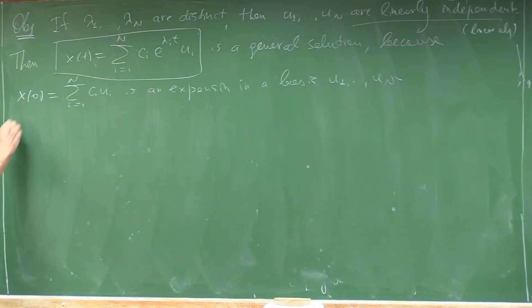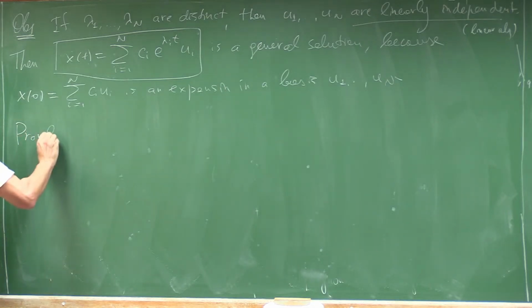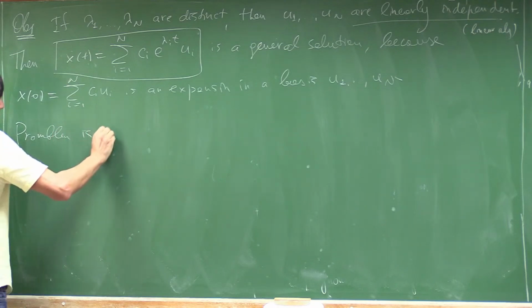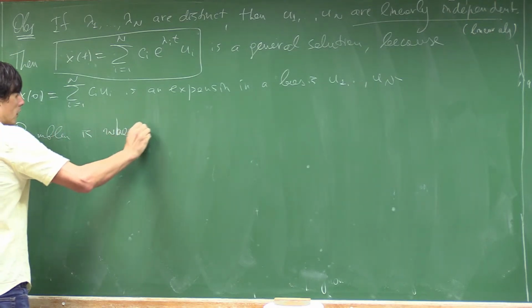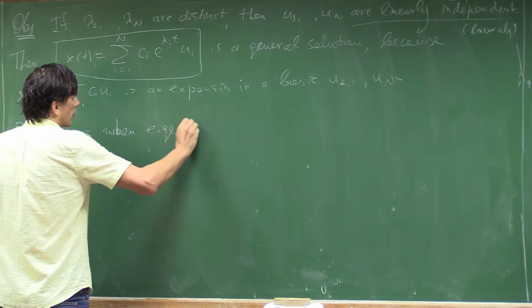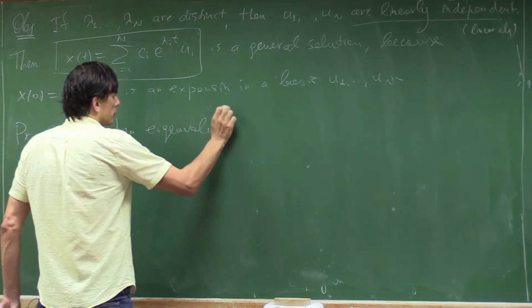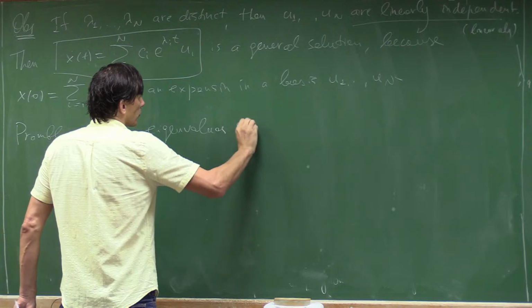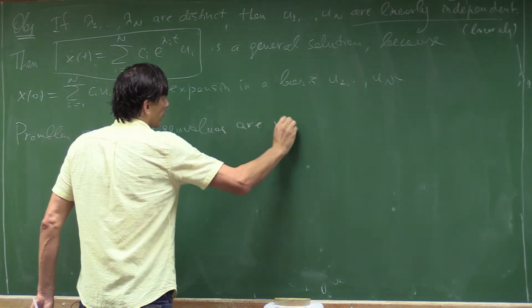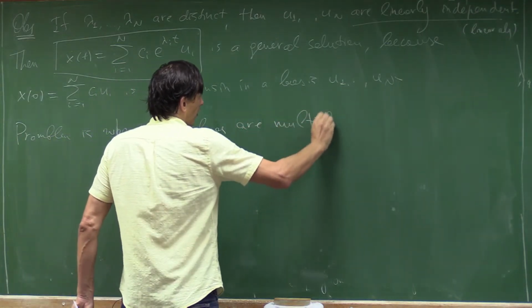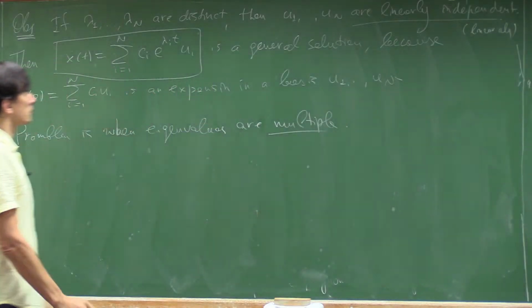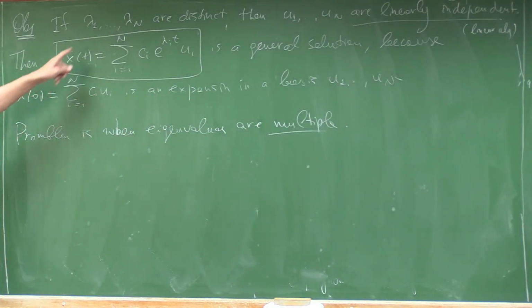So the problem is when eigenvalues are multiple, which means that some of them are equal.